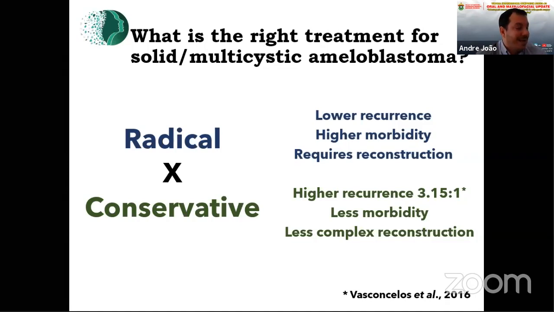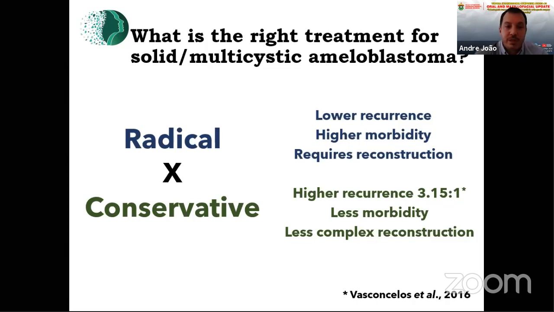So we don't directly manipulate the tumor. We use this safety area of normal tissue to remove the tumor. But it creates higher morbidity, and so the ideal treatment will require complex reconstruction.